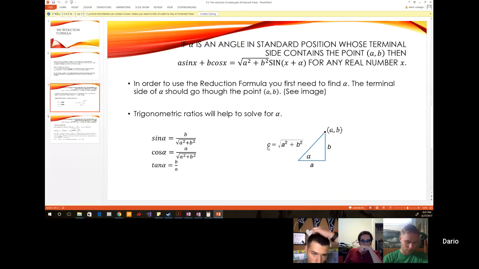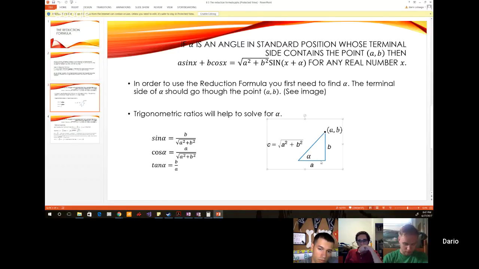In order to use the reduction formula, you first need to find alpha. The terminal side of alpha goes through the point (a, b). So we need to find the angle.